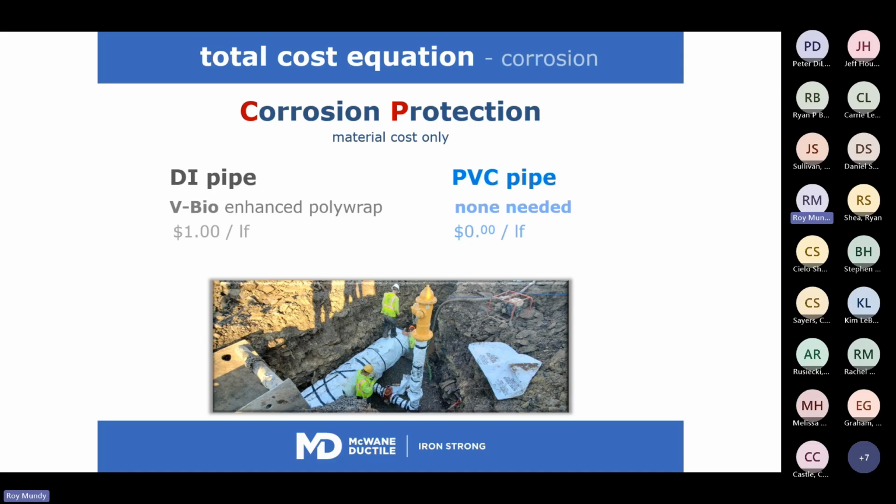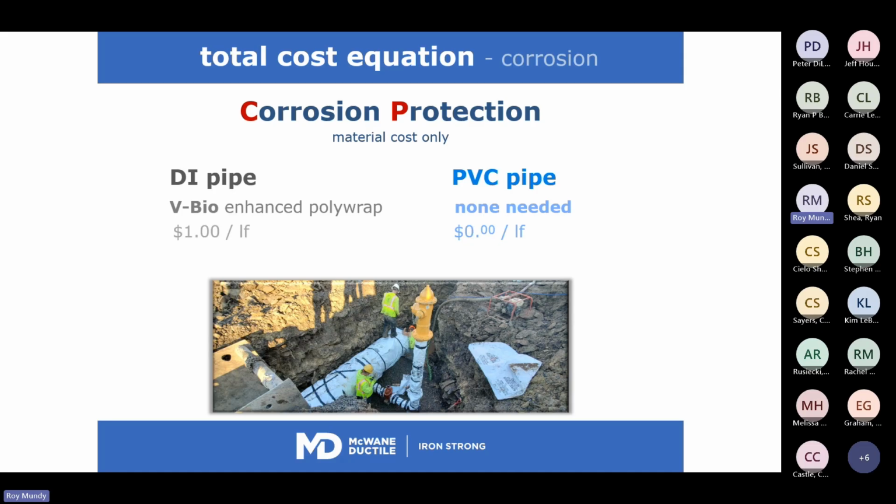But effectively, there is a next generation of polyethylene encasement, V-Bio, that is now getting pretty much standard in the industry in protecting ductile iron pipe in corrosive environments. Still extremely economical and extremely easy to use.